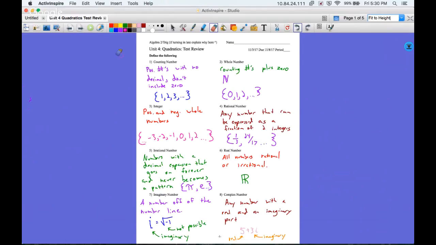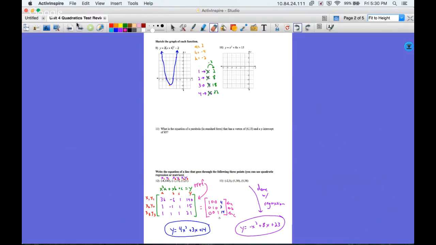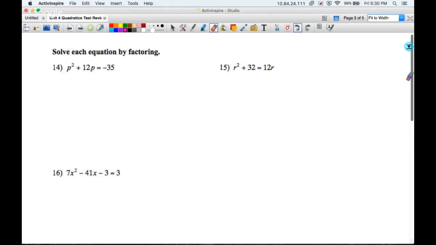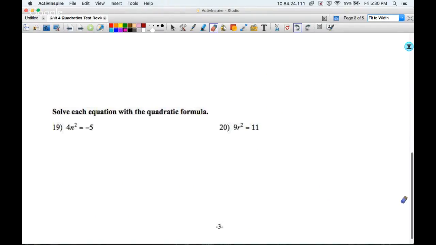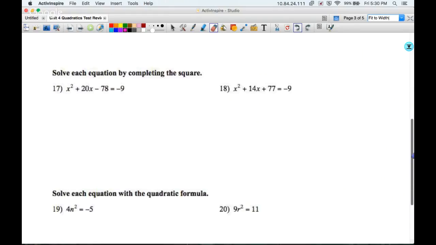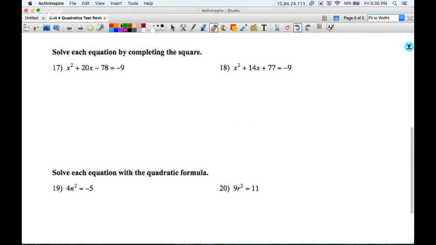Yeah, we can do one of the 17 or 18, and then 19 or 20, because we just learned 19 and 20. All right, quadratic formula and completing the square. Okay. Yep. Very common question type.